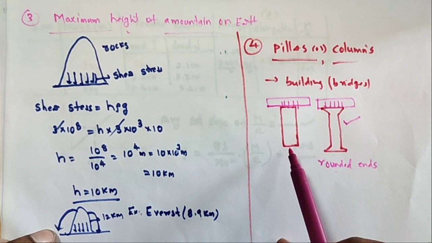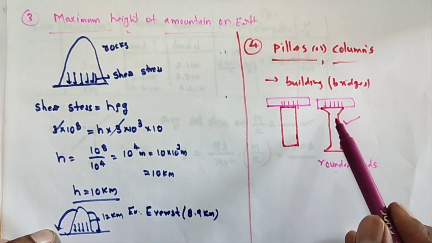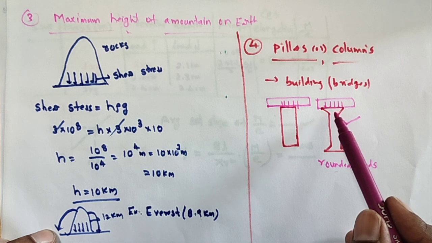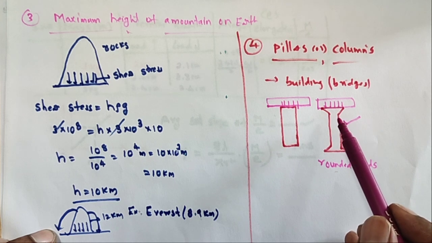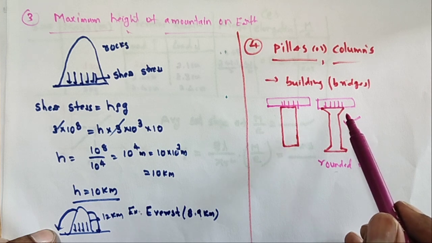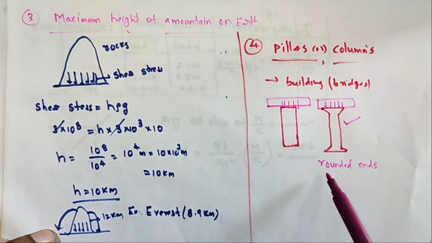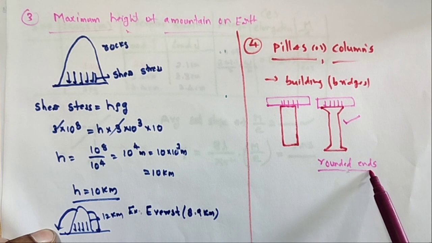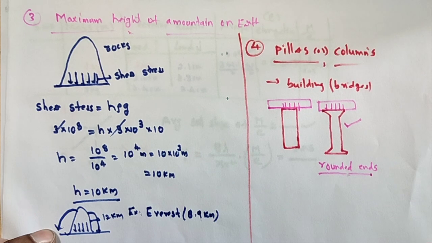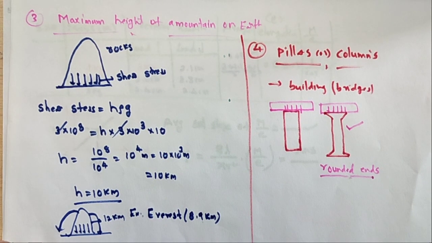The rectangular one has less load capacity, therefore rounded ends are used in the construction of buildings and bridges. Because of the cost, long period, reliability and usability of the material, rounded ends are used to construct the bridges. So this is the end of the mechanical properties of solids. So thank you one and all.